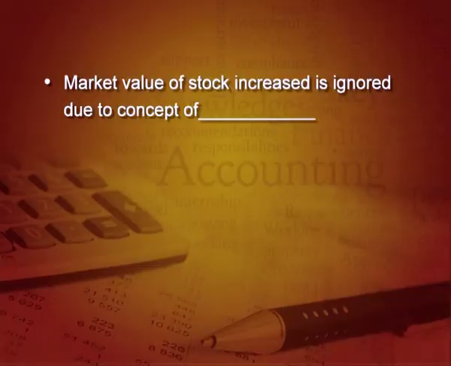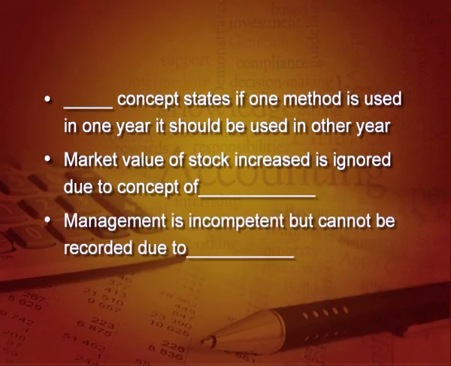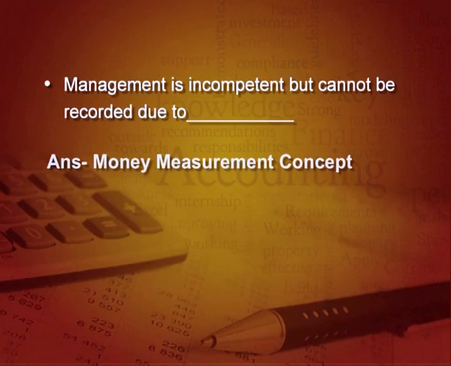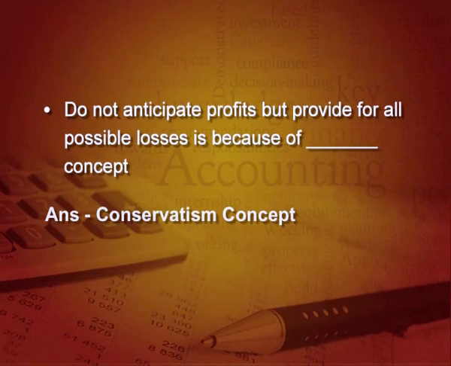Yes, again conservatism. And this one is very good. If management is incompetent, but it cannot be recorded in the accounts, due to again money measurement concept. Do not anticipate profit, but provide for all possible losses is because of again conservatism concept.